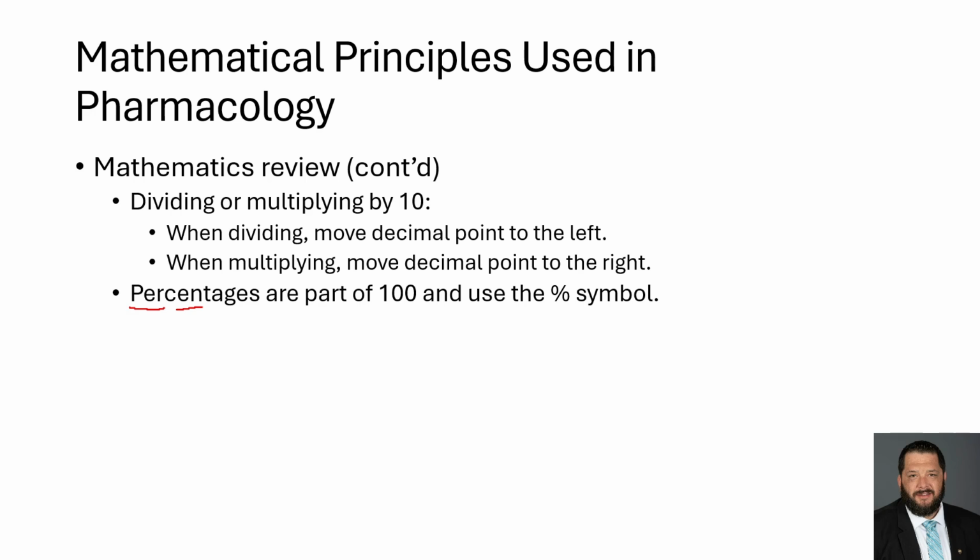Dextrose, 50%. It is 50% of weight by volume, or by mass rather, sugar to water. It's 50 grams of sugar to 100 grams of water. Dextrose 50%.